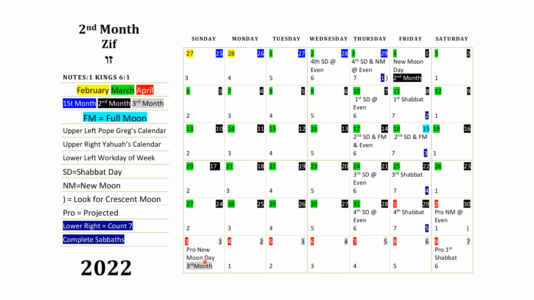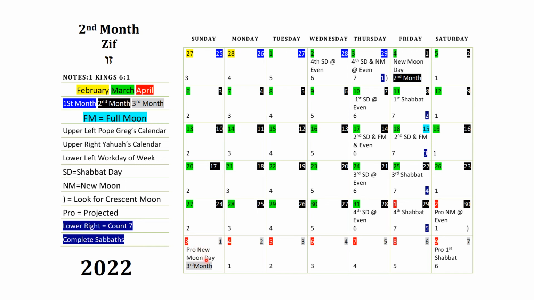We've got to get 7 days, right? 1, 2, 3, 4, 5, 6, 7. We've got a 7 right there. But can we use that day? No, we can't use that day, because that's the 7th day of the month, not the 7th working day. So therefore, new moon day is not a Sabbath day and it's not a work day.